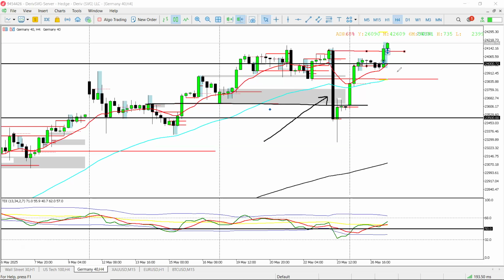Coming into today, price was retracing. Monday, Tuesday, price went sideways and we found support again on the 13 on our quarter point, which is 24,000. So the higher time frames are simply confirming a buy bias.